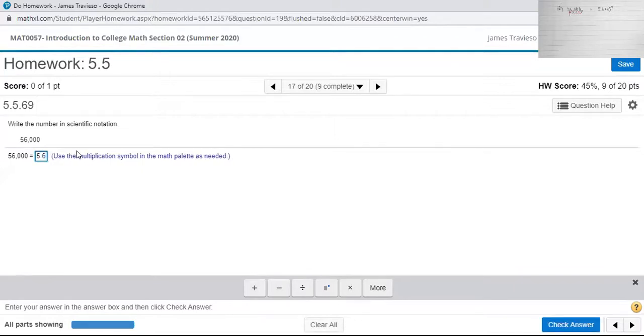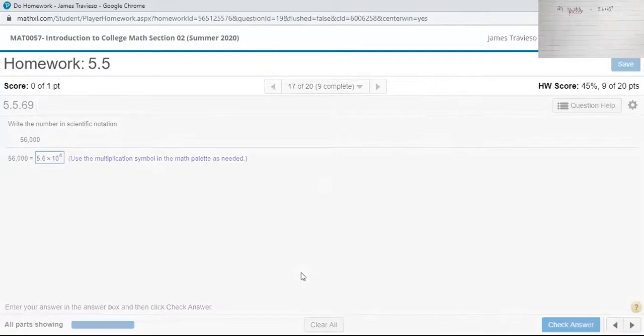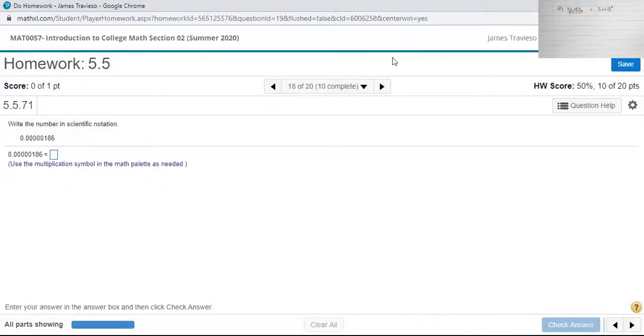What you've got to be careful not to do is press the X, because I know it looks like X is our multiplication, but you have to use this multiplication sign here actually in the program. Then you go 10 to the, what was it, 4th power. So just keep that in mind. If you press the X, it's going to think you're trying to write the variable X. So we want to make sure we don't do that.